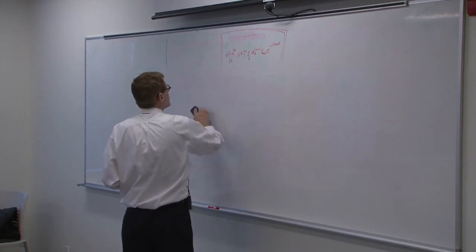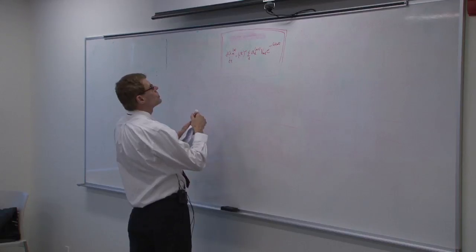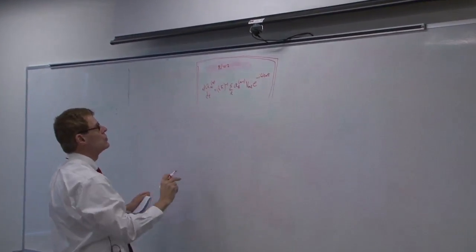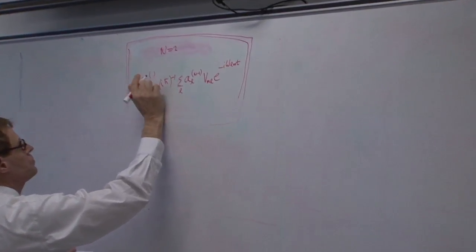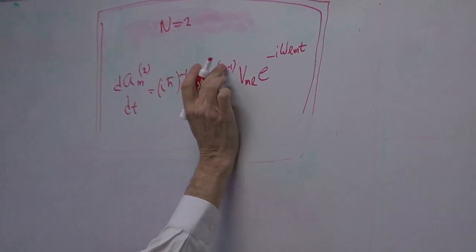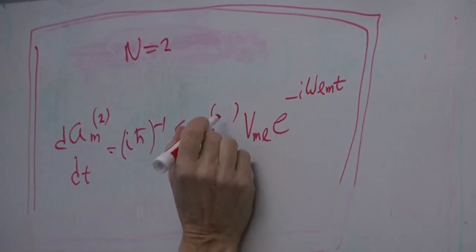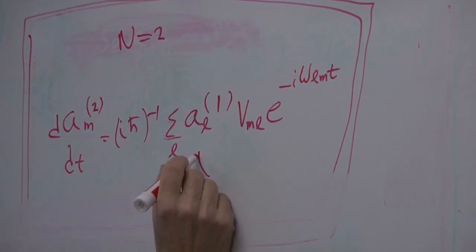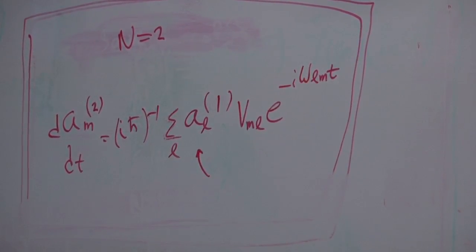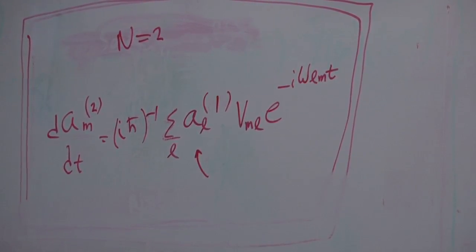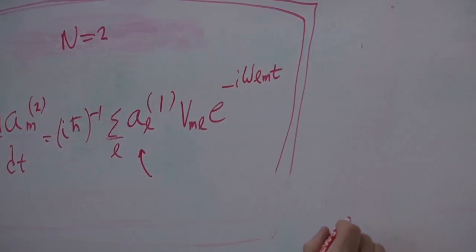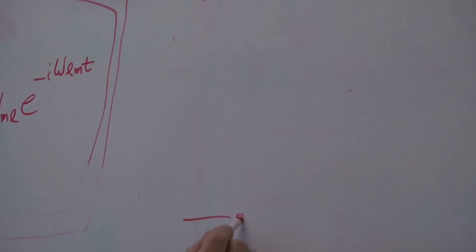So now, let's do this for n equals 2. And I'll just fix it up here. Okay, so we had just calculated the formula in your notes for the probability amplitude, the first order, to be in level L. So now, what is the nature of the calculation?